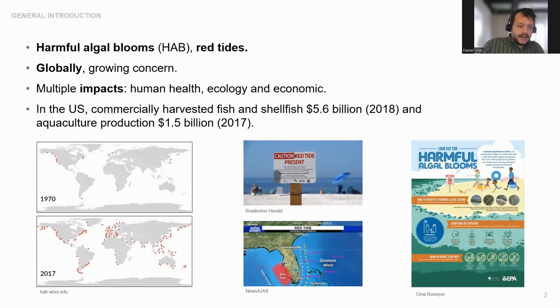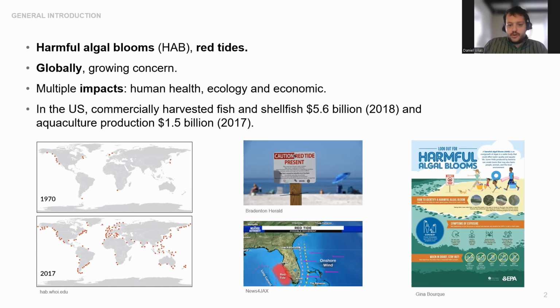If we take a look at the bottom left maps on the slide, the red dots represent red tide events. Comparing 1970 to 2017, we see how these events grow in terms of frequency, but also in terms of severity.